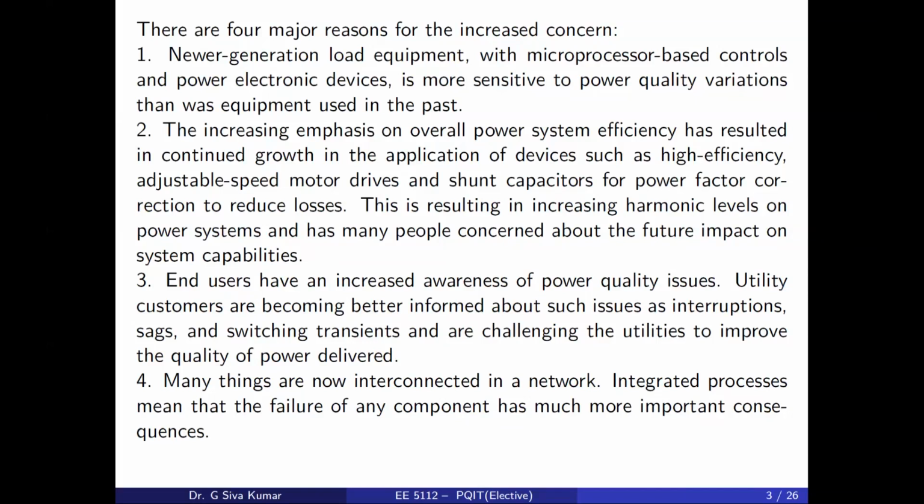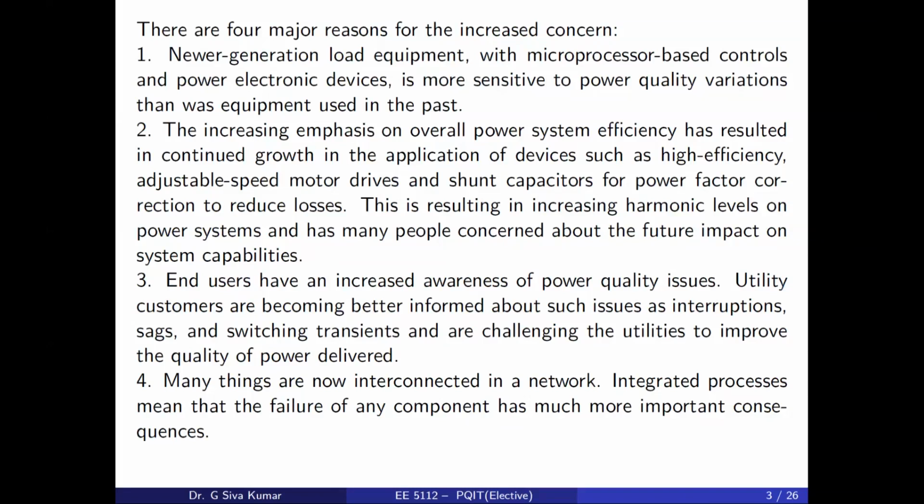Utility customers are becoming better informed about such issues as interruptions, sags and switching transients, and are challenging the utilities to improve the quality of the power delivered. With this awareness, the end users are asking the utilities to provide better quality of power supplies. Not the domestic consumers, especially the industrial users only.